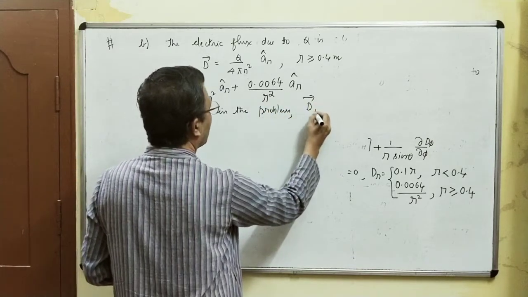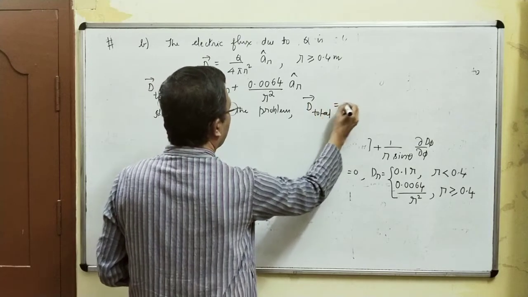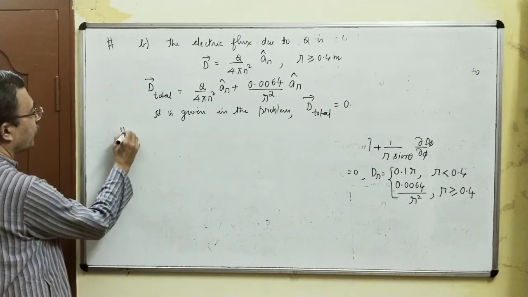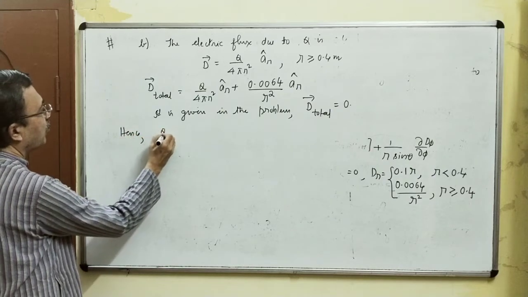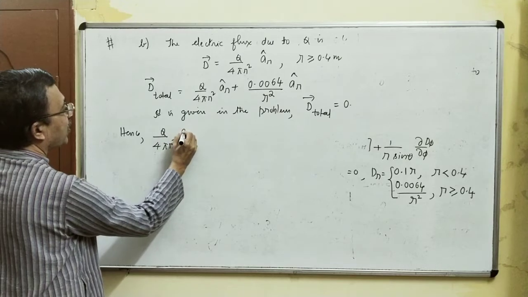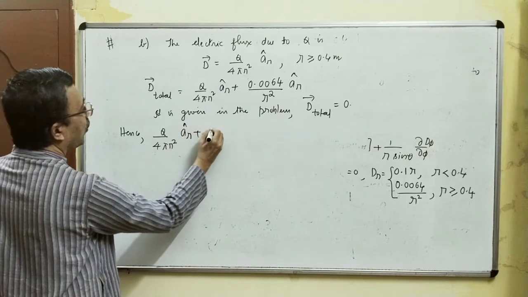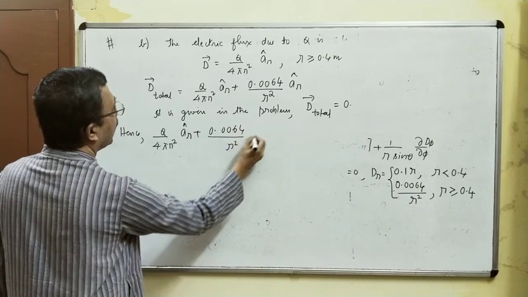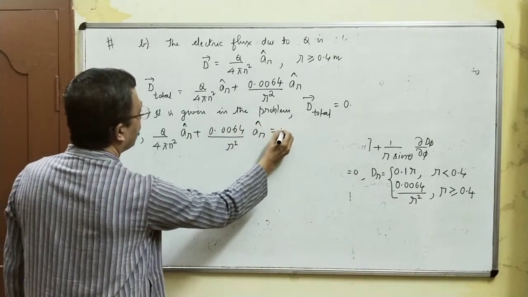Vector D total equal to 0. Hence Q divided by 4 pi r square ar cap plus 0.0064 by r square into ar cap is equal to 0.